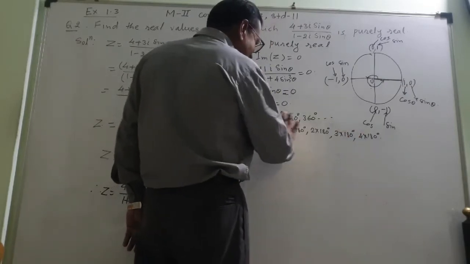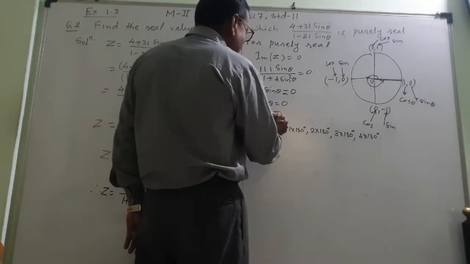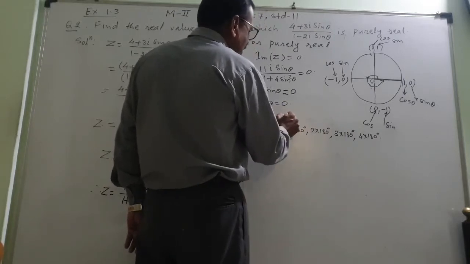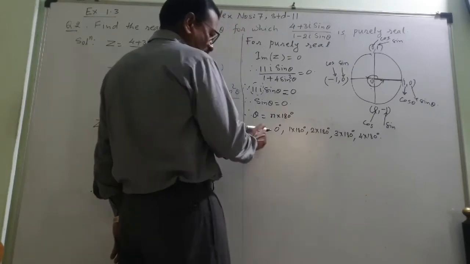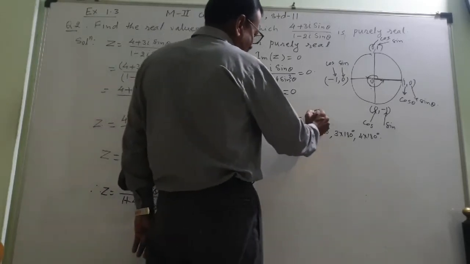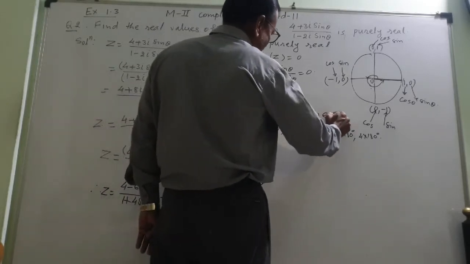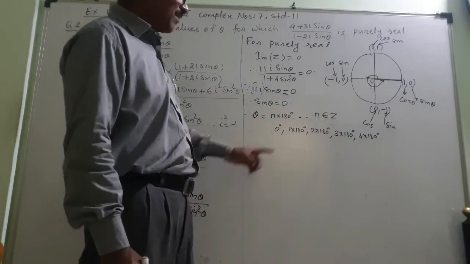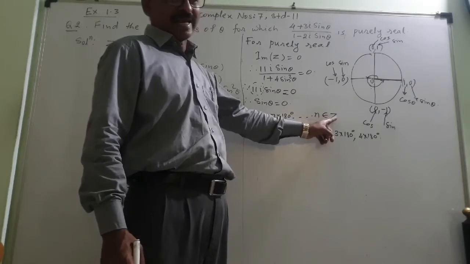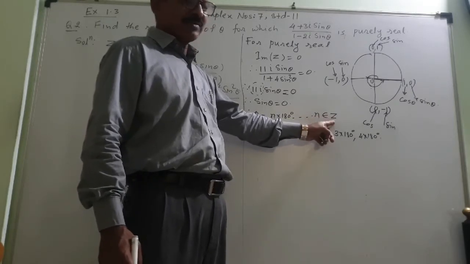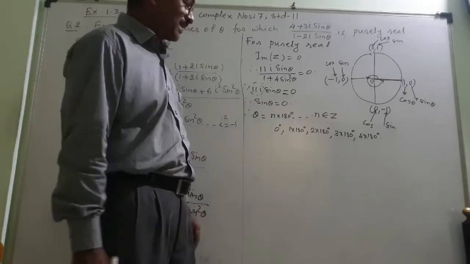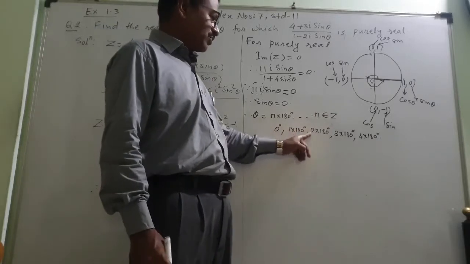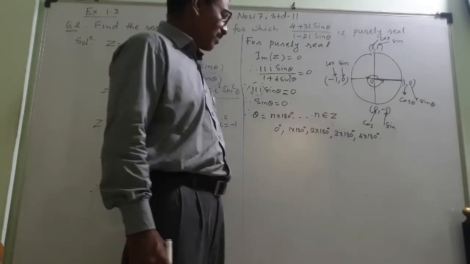So in general, it is written as n into 180 degrees, where n belongs to Z. Z means integers. N belongs to Z means the value of n is an integer. Integers are 0, 1, 2, 3, etc.